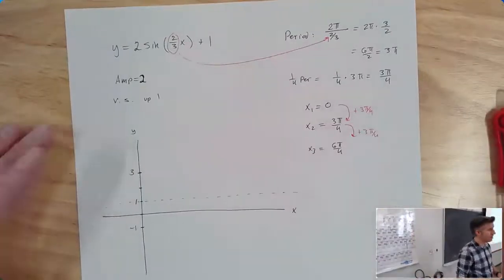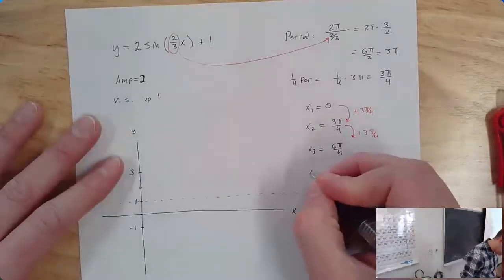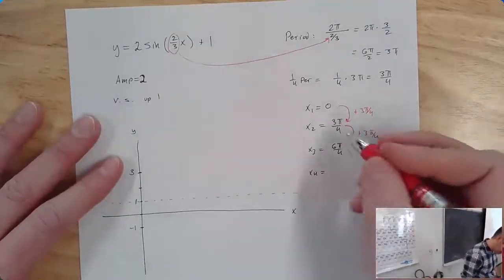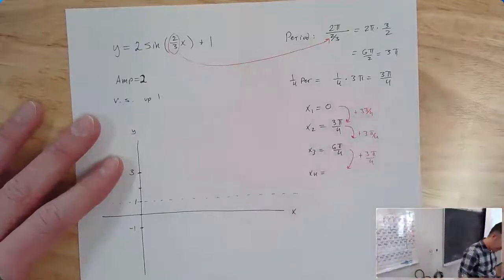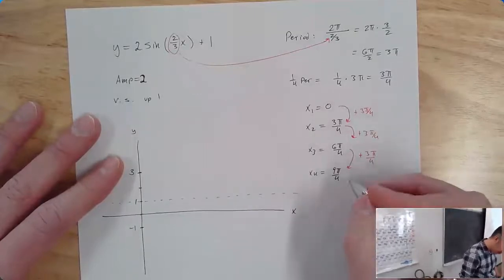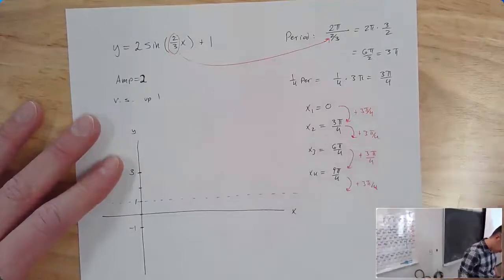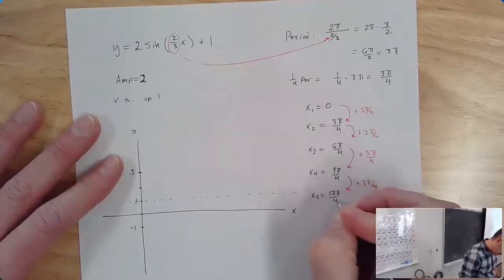I really do recommend not reducing your fractions because you're always going to be adding the same thing. So if you have the right denominator, adding that fraction with the same denominator is going to be easy. Next, we're going to add another 3 pi over 4, and 3 pi over 4 plus 6 pi over 4 is 9 pi over 4. And finally, one more time, I'm going to add 3 pi over 4, and I'm going to get 12 pi over 4. And 12 pi over 4 does reduce to 3 pi, which is good to check.